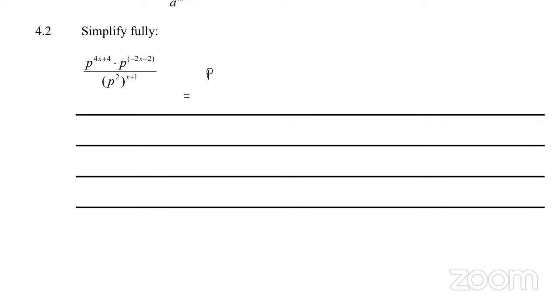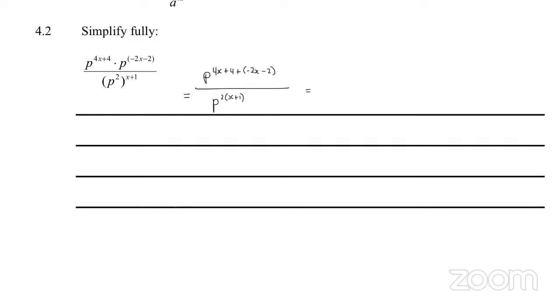So we're actually going to have p to the power of 4x plus 4, plus negative 2x minus 2, divided by p to the power of 2, open brackets x plus 1.